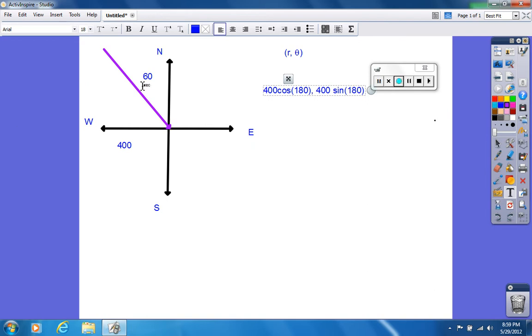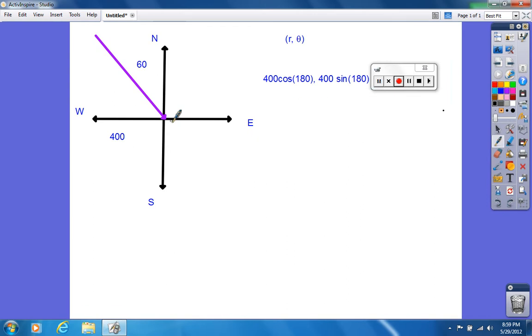Now we have to find the ordered pair for the vector of the wind. The wind is this angle here. Because this line is northwest, which is exactly halfway between west and north, this makes this 45 degrees. Now there's two ways to do this. I know that north is 90 degrees and west is 180, and that this line is halfway between.